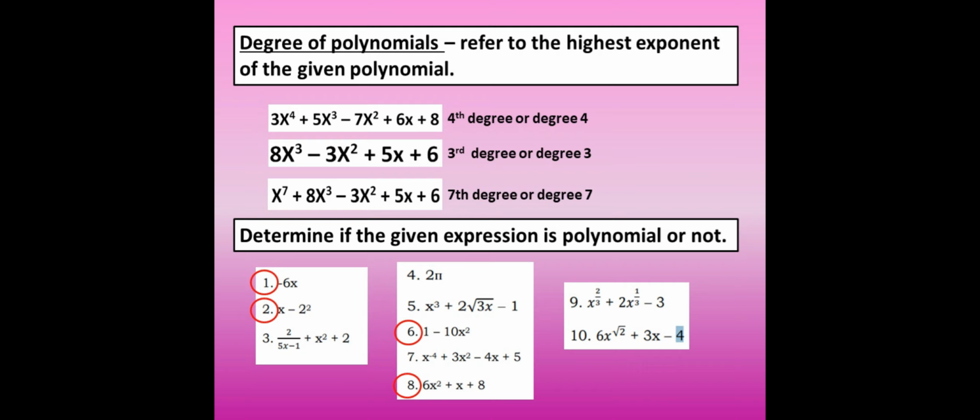Then number 10 is also not a polynomial because the exponent is a radical. It depends on the given. For example, 6x to the square root of 4 is already a polynomial because we can simplify the square root of 4 as 2. So before you decide, see to it that the given expression is in simplified form.